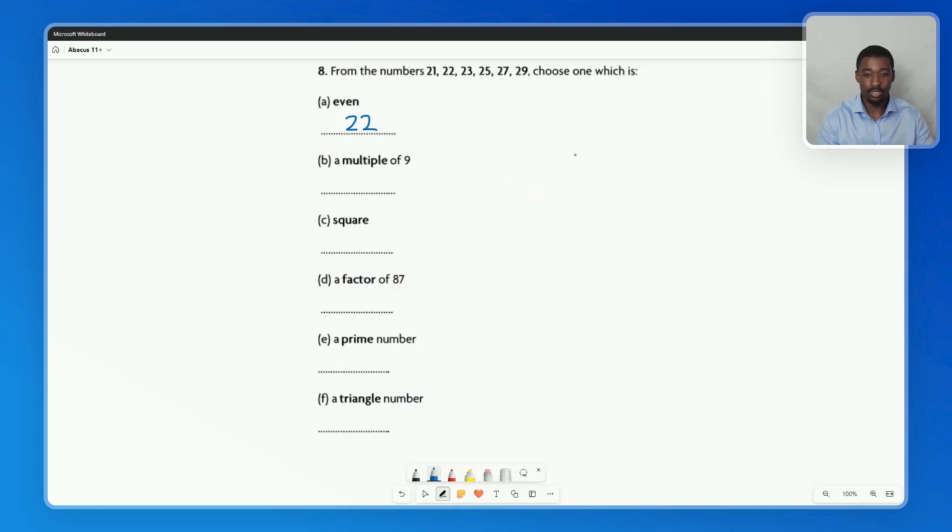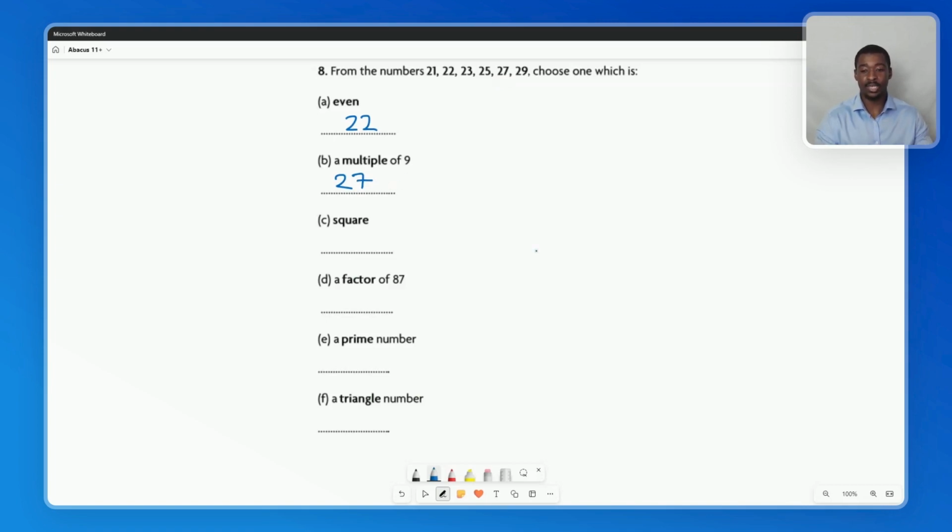So 9 times 1 is 9, 9 times 2 is 18, then we have 27, 36, and I think we should have already gotten to the answer, which is 27. As a multiple of 9, right? By multiple of 9, we mean a number that can be divided by 9 and it will give us a whole number. So 27 can be divided wholly by 9.